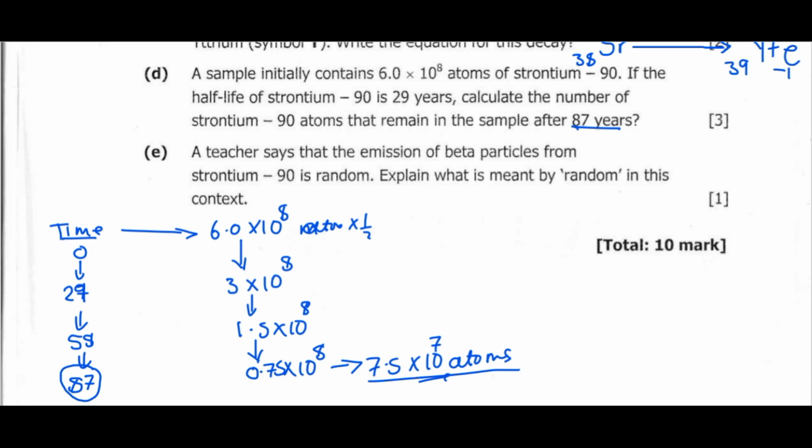So now how can we define this? We say radioactive decay is a random process, which means that it is impossible to predict when a particular radioactive nucleus will decay.